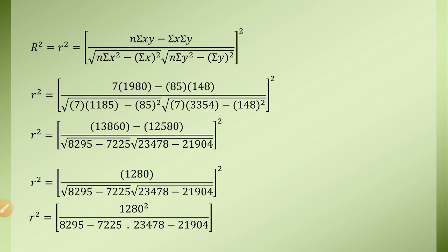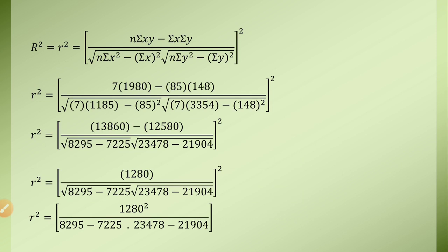If you think that, sir, this is complicated, then do one thing: don't write the formula of r square, write the formula of only r. Okay, I am telling you the other way. We are solving with this sum on the screen, but if you think that this is complicated and difficult to learn, then you should find r with the respective formula.